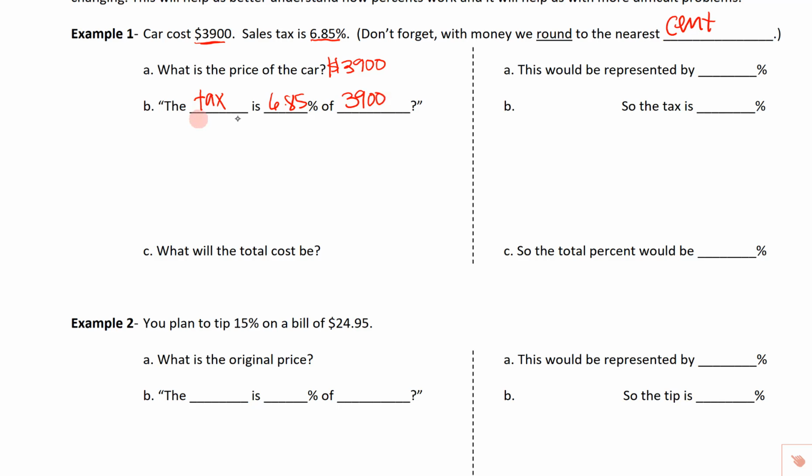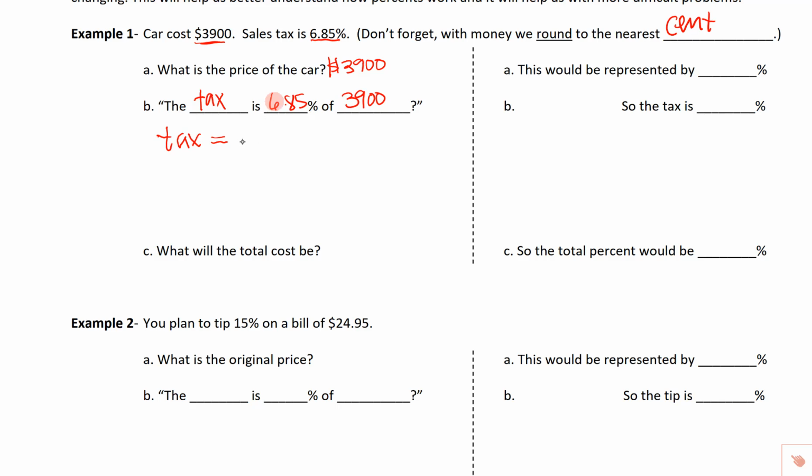So let's turn this sentence into a mathematical sentence. Our tax, which is what we're looking for, is, remember that's a key word that we're going to put our equal sign. With percentages, we always want to have them in decimal form. There's two ways that you can get it into decimal form. You can divide by 100, or you can move your decimal 2 to the left. So we're going to move our decimal 2 to the left.